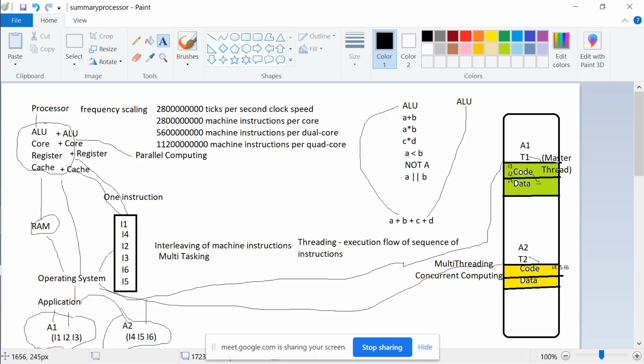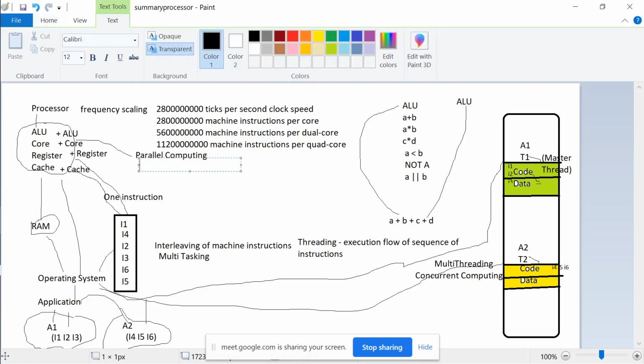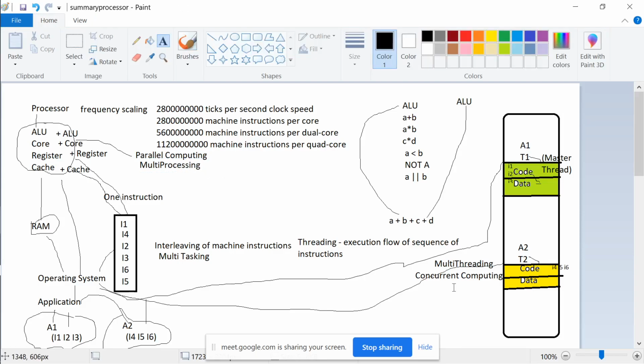Otherwise, one application would have to wait a long time before application 2 gets executed. Because multi-threading is there, because multitasking is there, you get a feeling that many applications can be executed on the same computer. And because multi-processing is there, or parallel computing is there, so parallel computing is also multi-processing. So this is the main difference between multitasking, multi-threading and multi-processing.